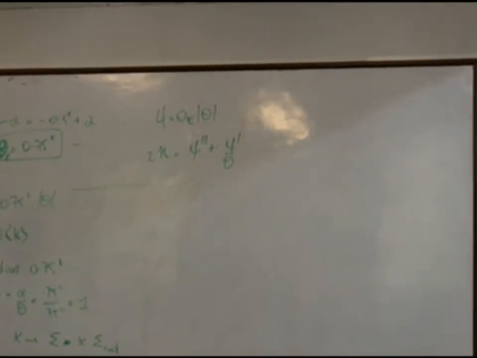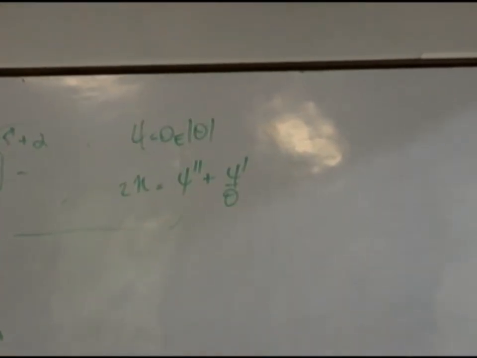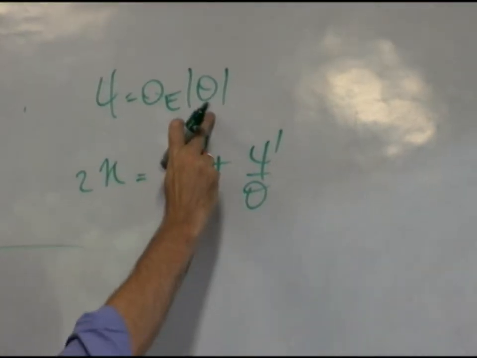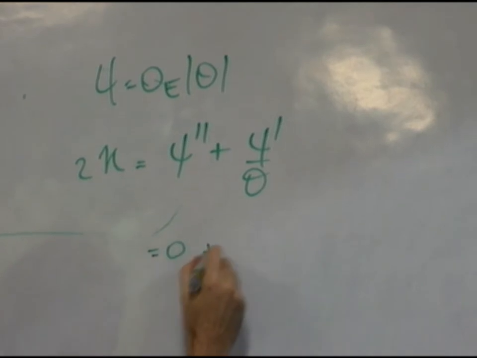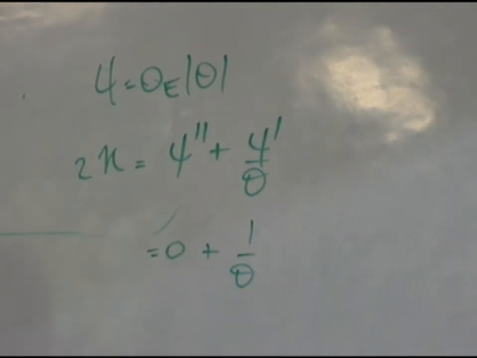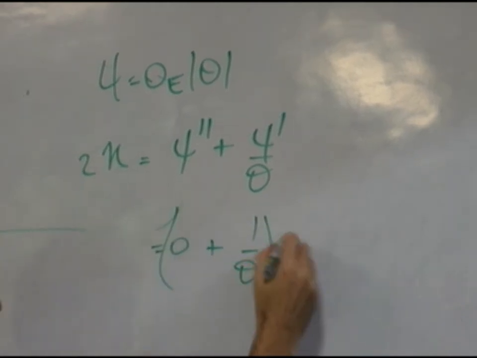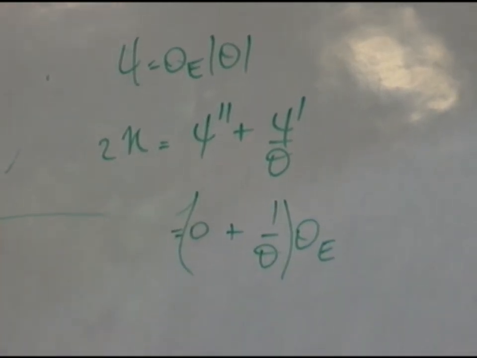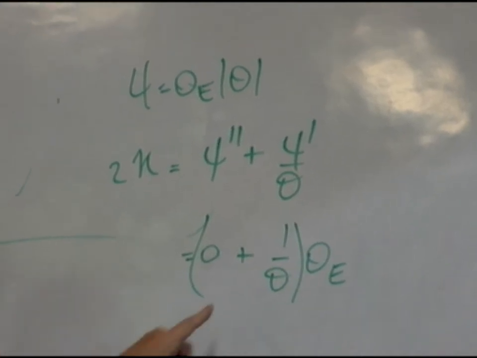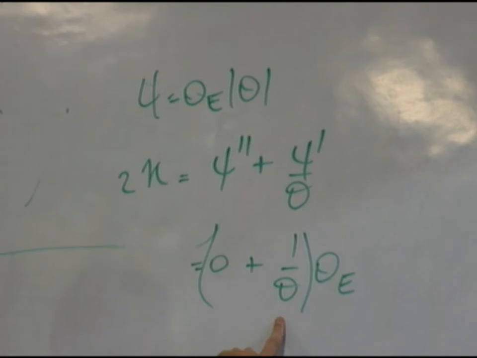How does the surface density go in a singular isothermal lens? The second derivative of theta is 0, and the first derivative here is just 1, so 1 over theta, all multiplied by theta e. And so the singular isothermal lens is actually a lens where the surface mass density goes like 1 over the distance from the lens.